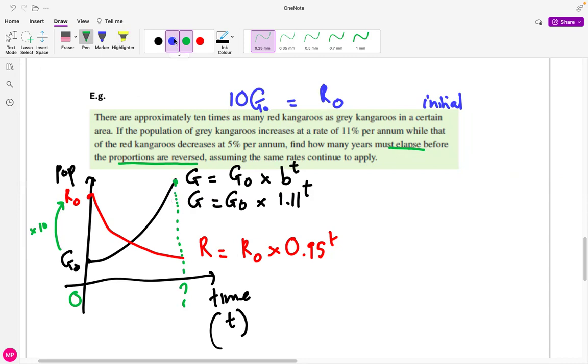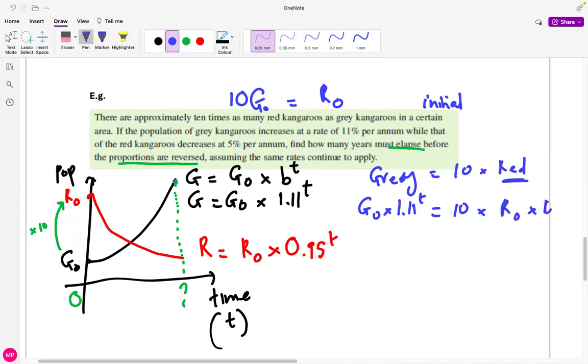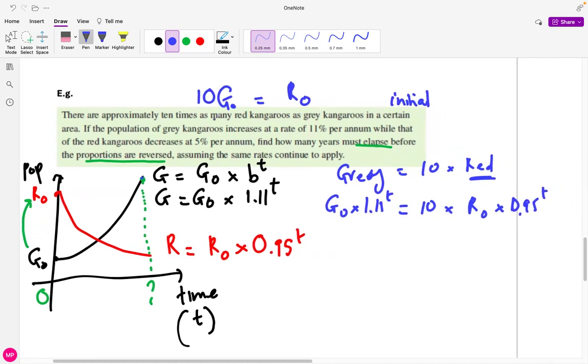So in other words, we're saying that at this time, the gray population is 10 times the red population. So the gray population is G0 times 1.11 to the power of T, and we have 10 times the red population, which is R0 times 0.95 to the power of T. And we're solving for T from here.